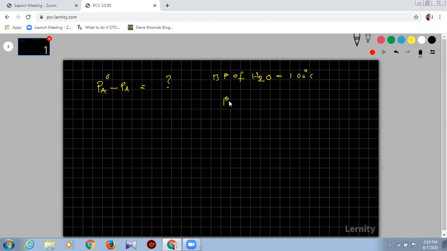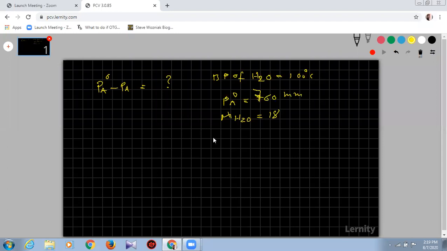So PA naught is equal to 760 mm, because this is equal to atmospheric pressure here. And the molecular weight of water is 18.